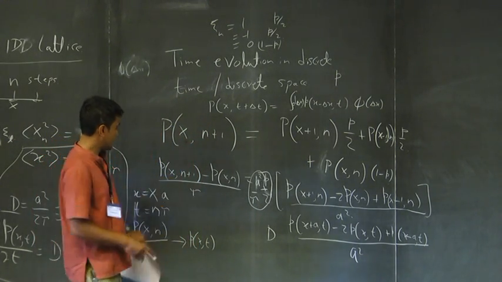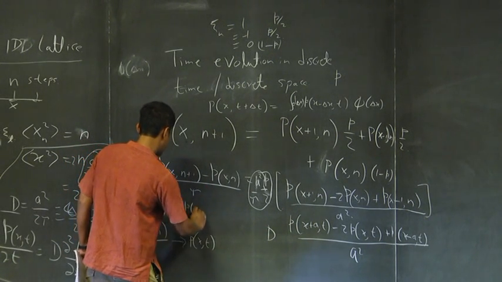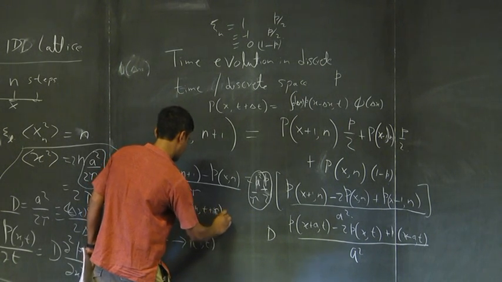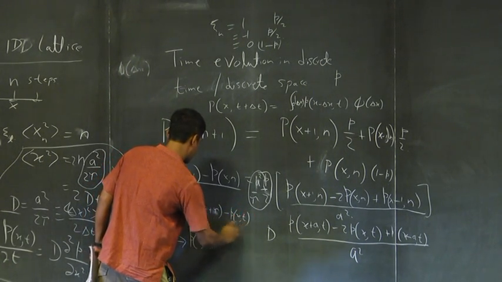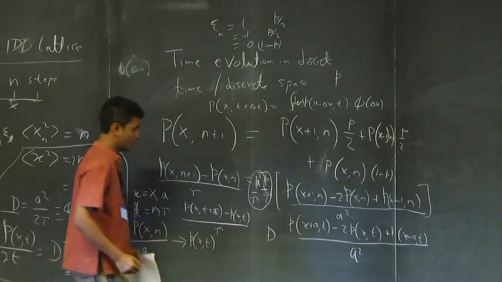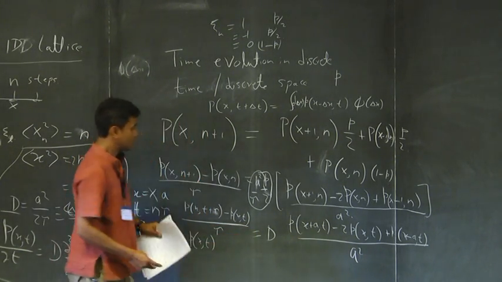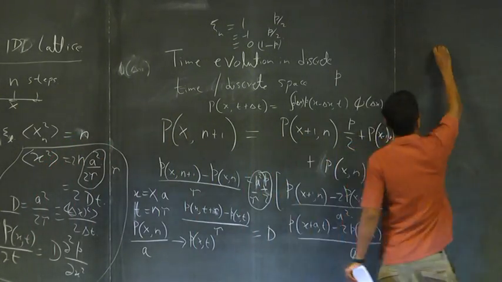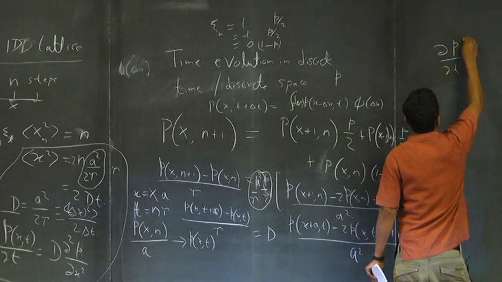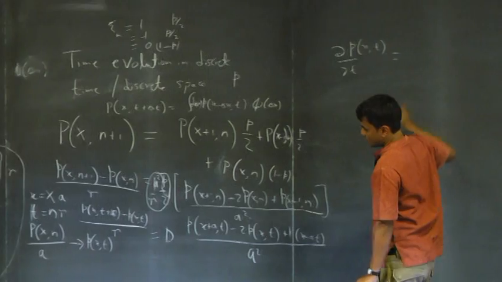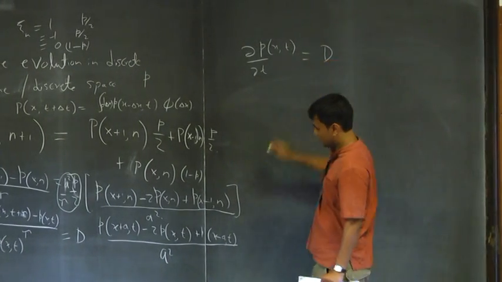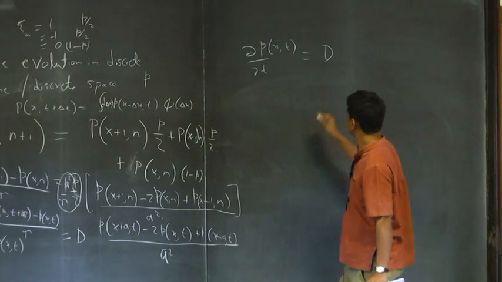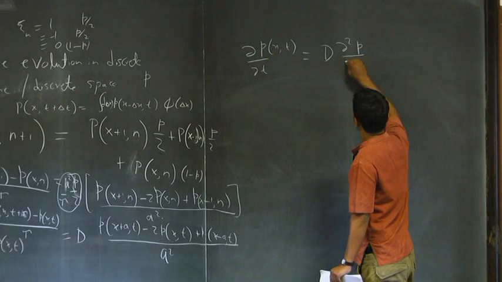So this is p of x, t plus delta t. Okay, so therefore it's clear that this is del p del t, and is equal to d, and this is just the Laplacian, right. So this is just del 2p by del x square.